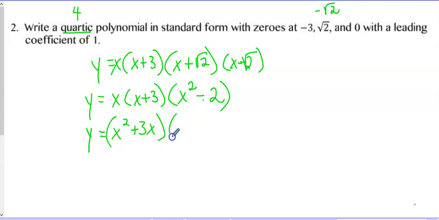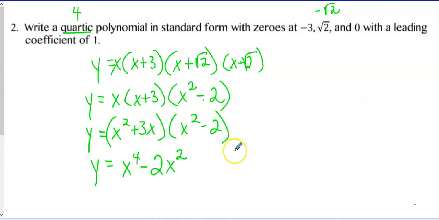Now I need to multiply these two binomials together, and then I'm done. x squared times x squared is x to the 4th. x squared times negative 2 is minus 2x squared. I might have some like terms, I'm not sure yet. 3x times x squared is plus 3x cubed. And then 3x times negative 2 is negative 6x.